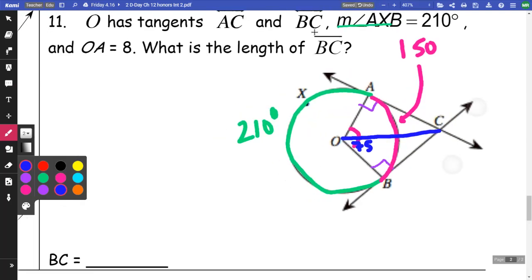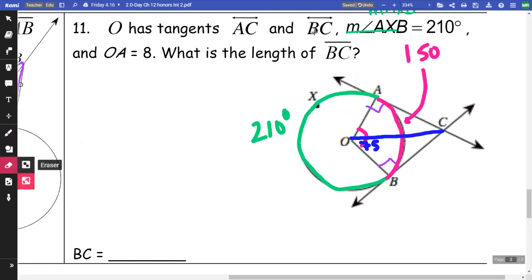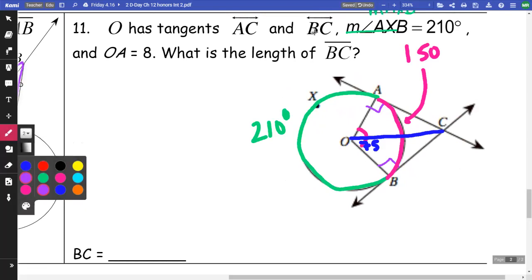I know that OA is 8. This radius here, I'm going to do in orange. This is 8. Well, this is also a radius, so this also has to be 8. So now when I'm trying to find BC, this is BC right here.